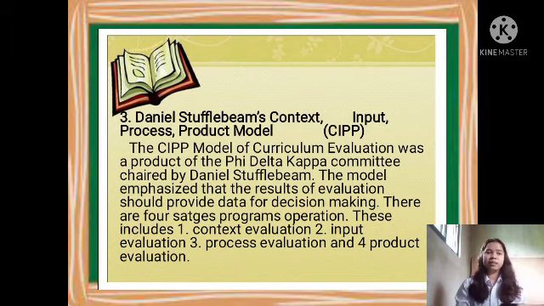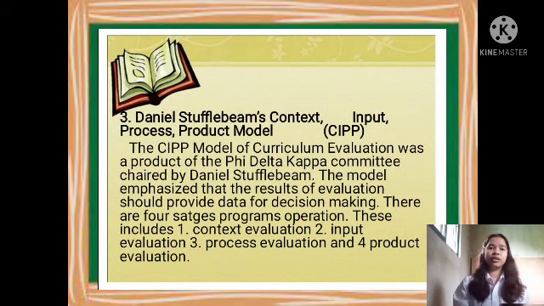The model emphasized that the result of evaluation should provide data for decision making. So there are four stages of program operation. This includes first is context evaluation, second is input evaluation, three is process evaluation, and last is product evaluation.